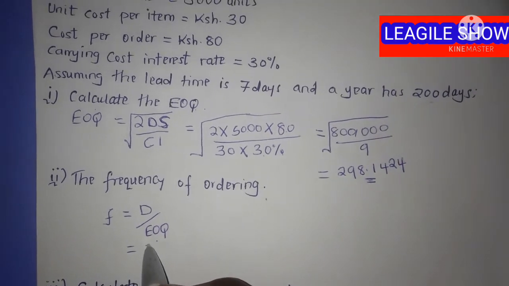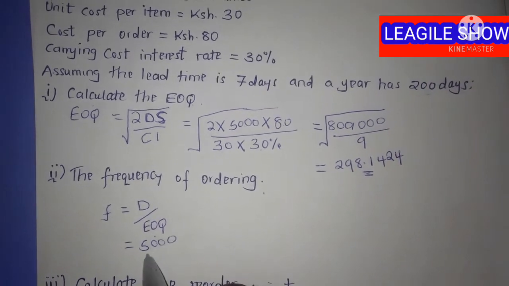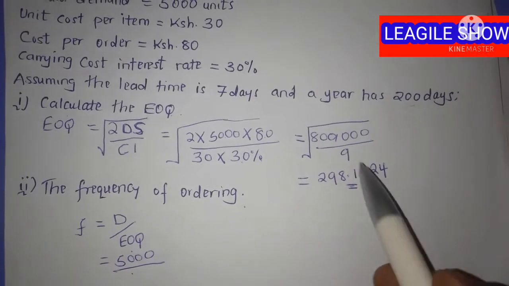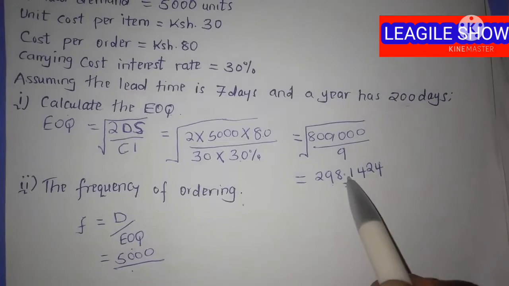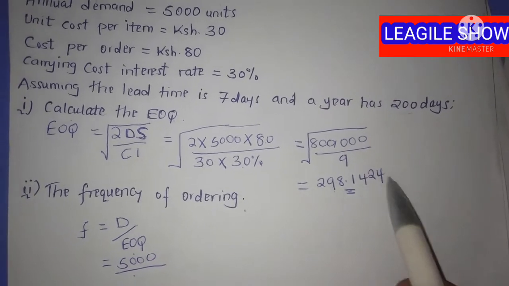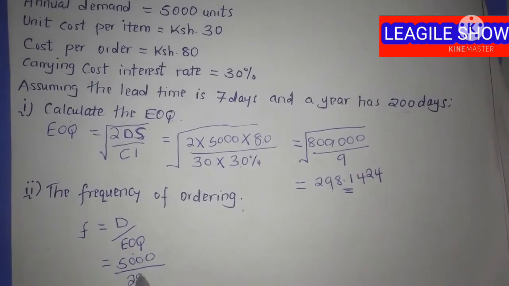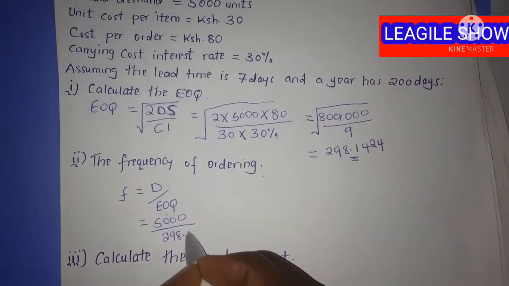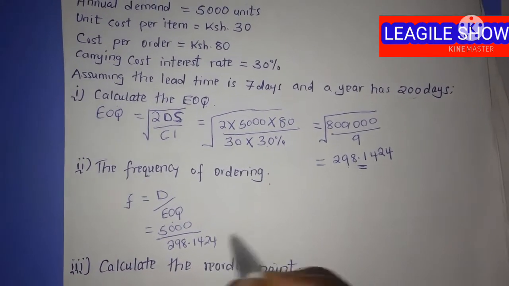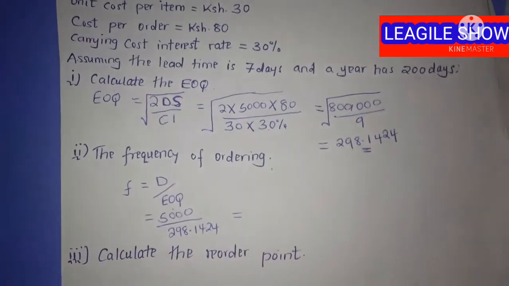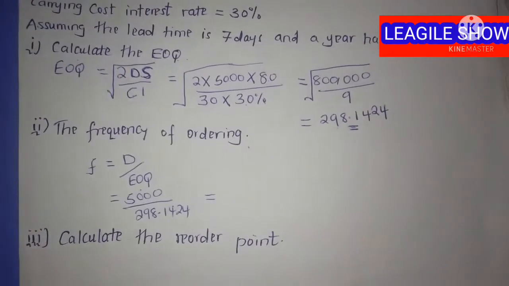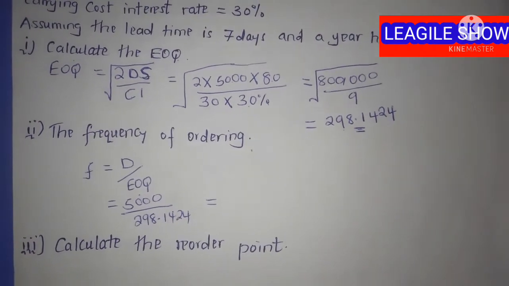Remember, our annual demand here was 5,000. We divide by our EOQ, which we have just calculated and found the answer as 298.1424. If you calculate this, take a short time and feed it into your calculator.